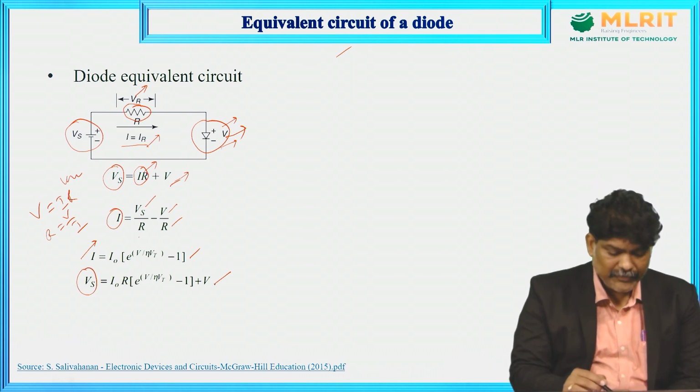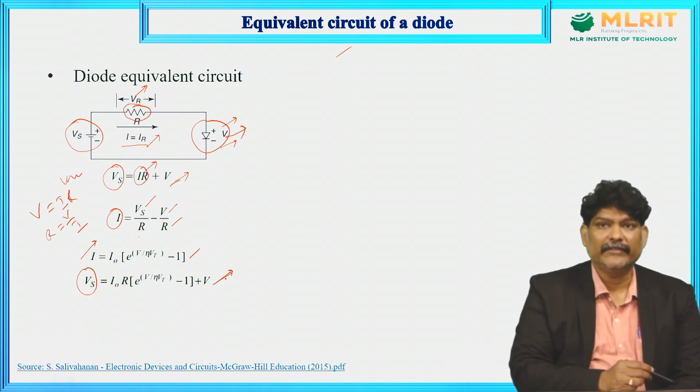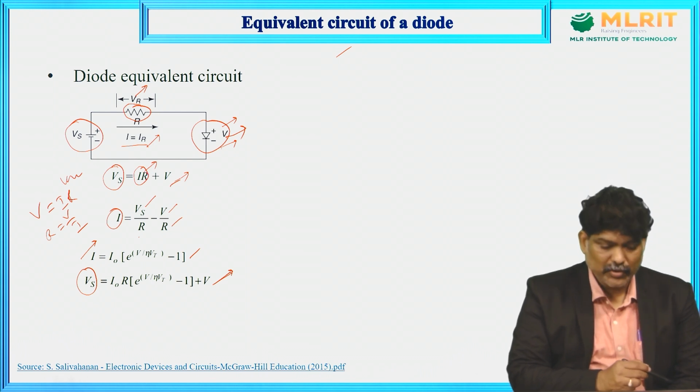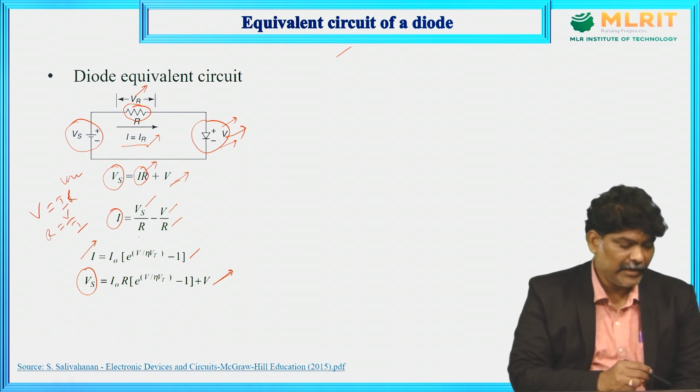In this way you can derive an expression for the source voltage in a diode equivalent circuit.